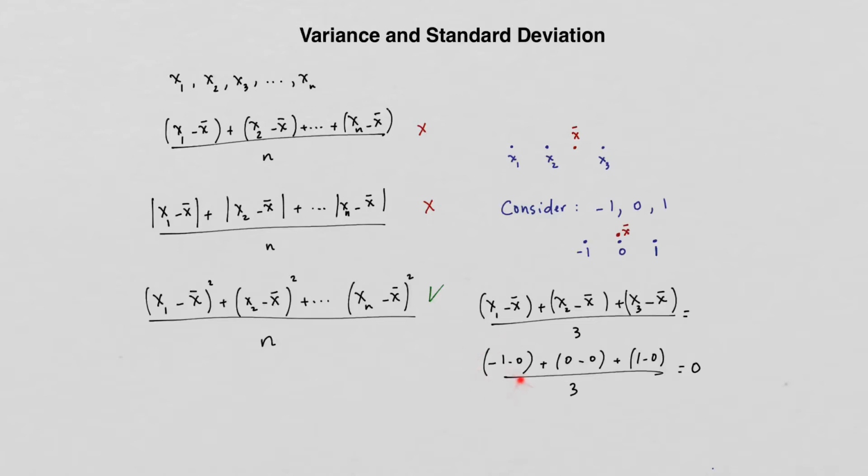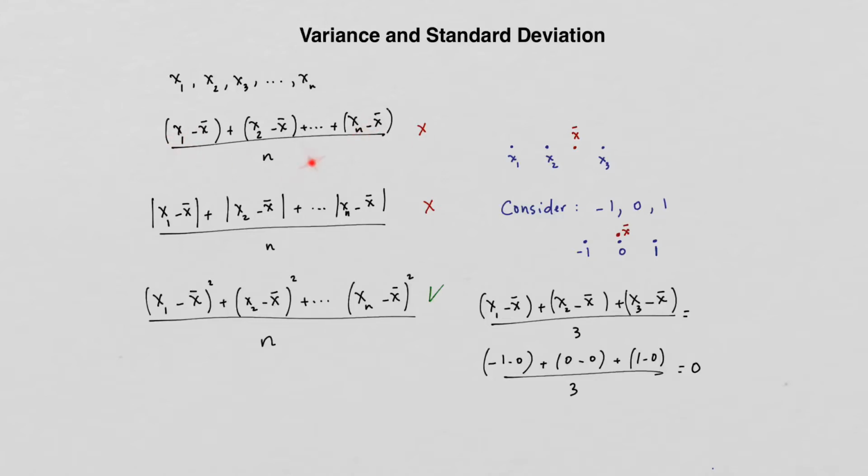You notice that this is -1 and this is 1, so they kind of cancel each other out. As if x1 was here and x2 was here and x3 was here, and therefore x bar was here as well. They're all sitting on each other, right? But that is not the case. This one is 1 unit away to the left, and this one is 1 unit away to the right. So this idea, the start is very good, but it got screwed because this -1 canceled that one.